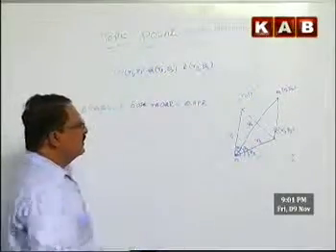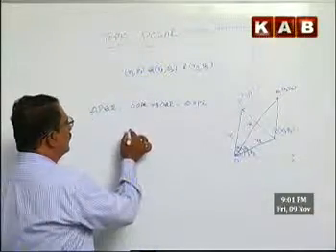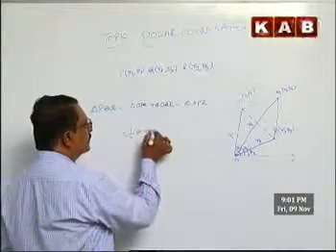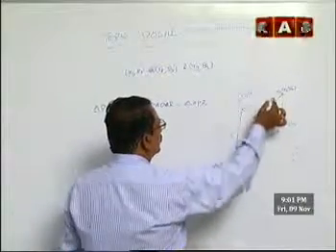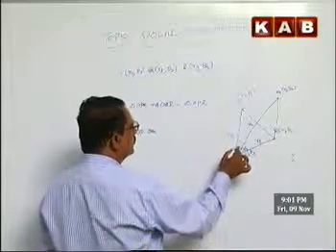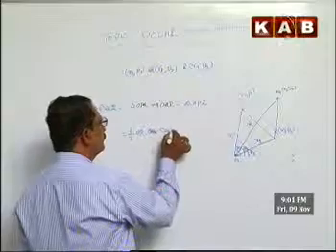Now area of triangle OPQ equals half into OP into OQ into sine of the angle between OP and OQ. But the angle between OP and OQ equals theta 1 minus theta 2, so sine of theta 1 minus theta 2.